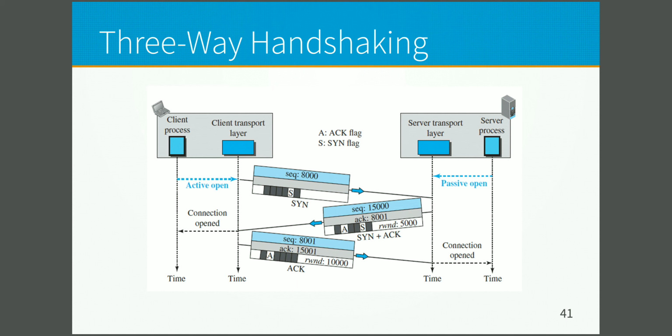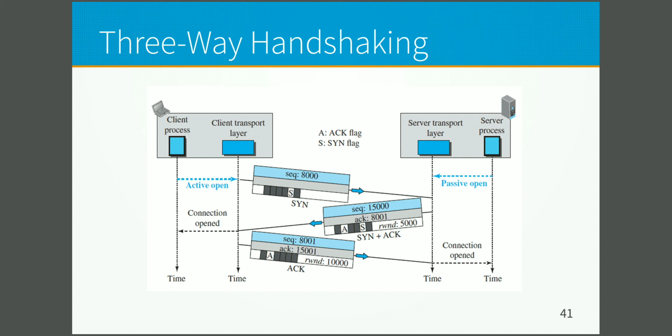So the server program informs its TCP saying that it is ready to accept connections and moves into a stage which is called passive open. You can see this dotted line.